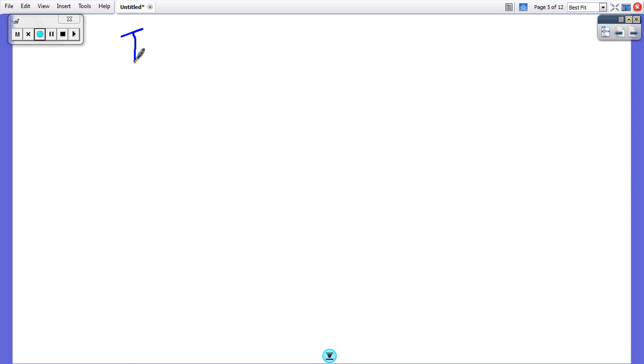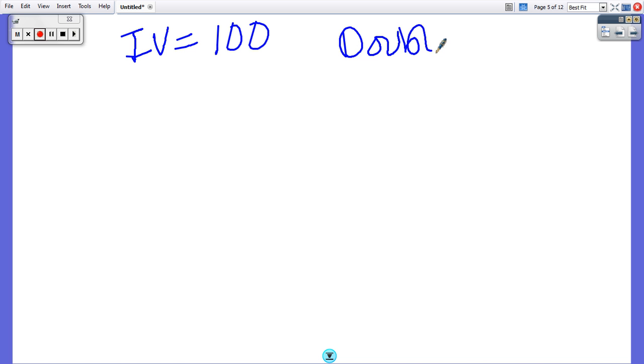So our initial value, we start with 100 bacteria. The culture doubles every hour. And then the question is asking you, when will it be 350,000? We're going to get to that. We've got to find the model first. So again, we have our normal function.